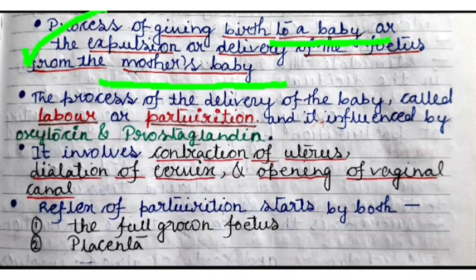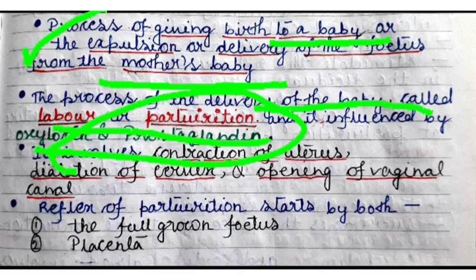The process by which the delivery of the fetus takes place is called labor or parturition. The parturition process is influenced by oxytocin and prostaglandin. Oxytocin is released from the posterior pituitary, and prostaglandin is released from uterine and placental tissue.